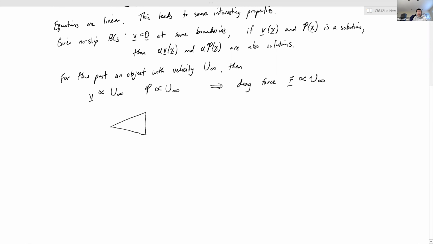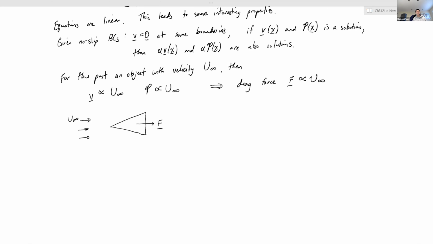Let's say I have an object that looks like this, and the velocity comes in from the left. Then, as you might expect, there's going to be some drag force moving in this direction.